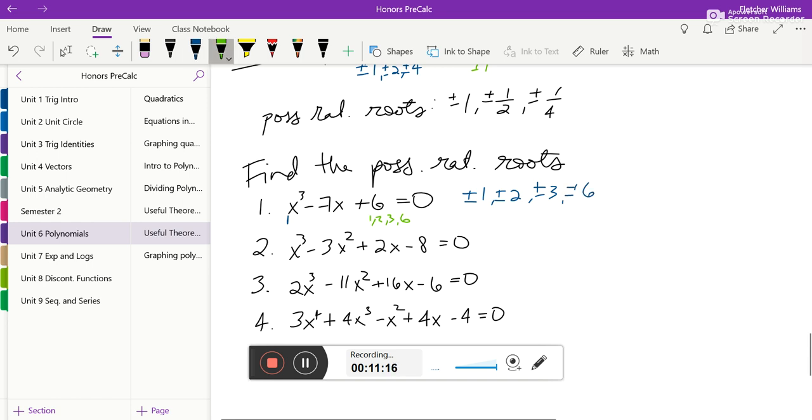For the second one, we have factors of 1, 2, 4, and 8 over here, and a factor of 1 over here. So that simply gives us plus or minus 1, plus or minus 2, plus or minus 4, plus or minus 8.